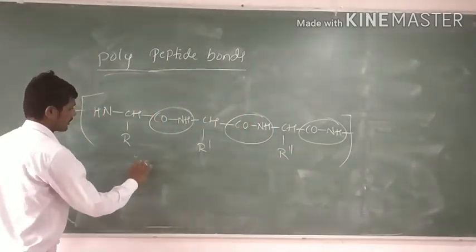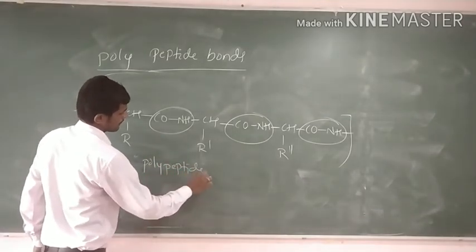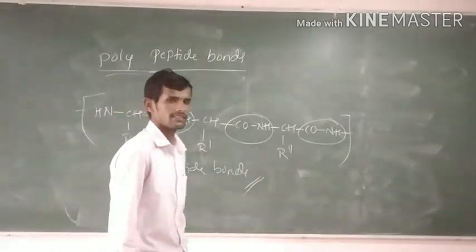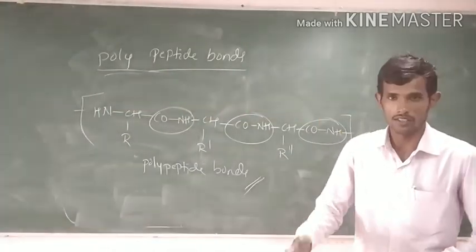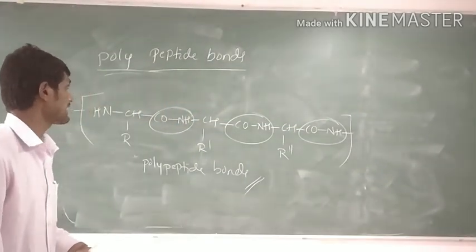These are called polypeptide bonds. Means here several amino acids undergo the condensation process. At that time they form a number of CONH bonds.